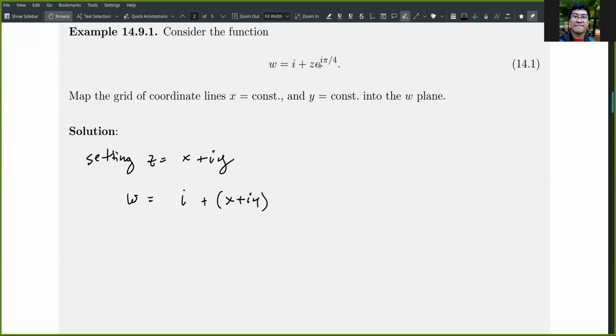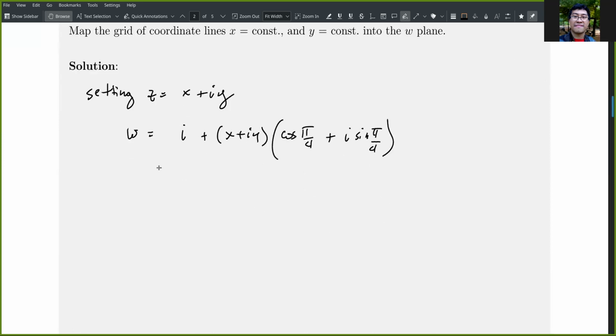times e to the power of i pi over 4. We can simplify that: cosine pi over 4 plus i sine pi over 4. Or i plus (x plus iy) times that. Cosine of pi over 4, that's square root of 2 over 2. Or this is cosine of 45 degrees.